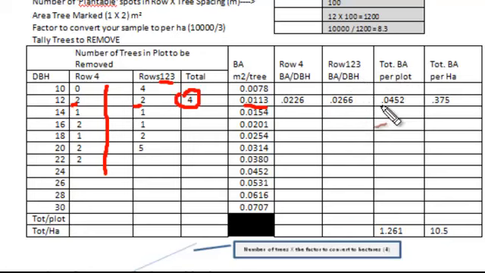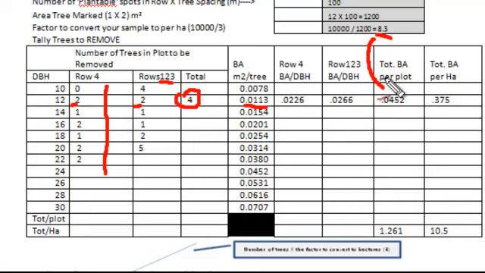Add those two values together, and then you have 0.0452. Then figure it out for totals per hectare. And all you got to do is take 0.0452 and multiply it by this factor, whatever yours is.